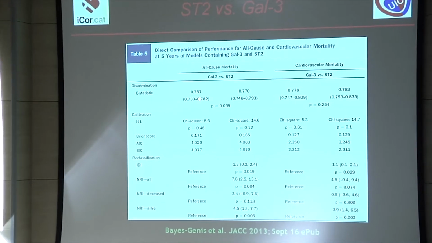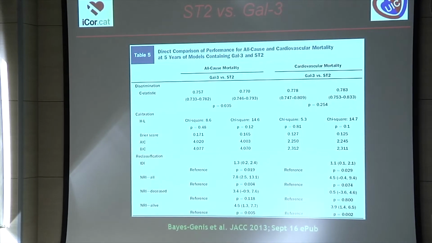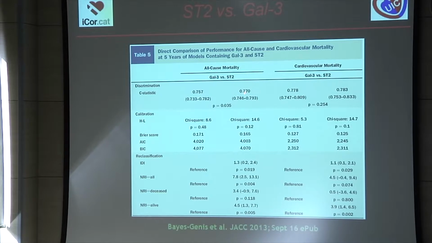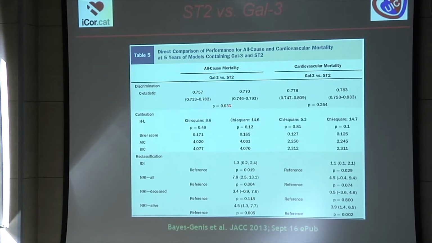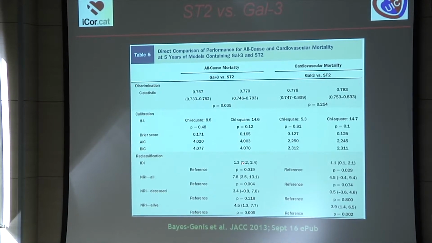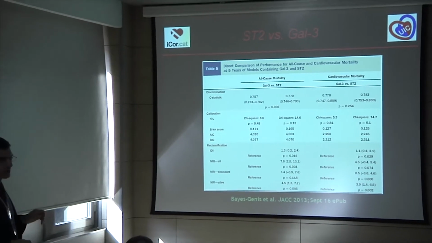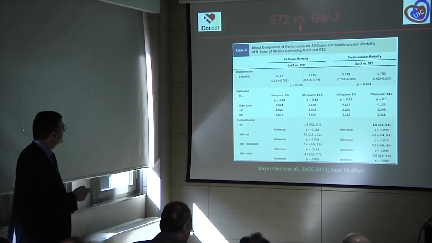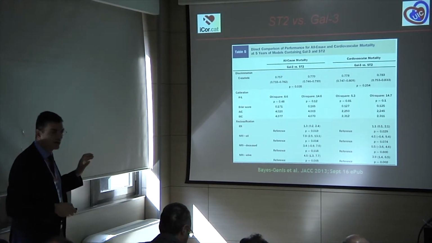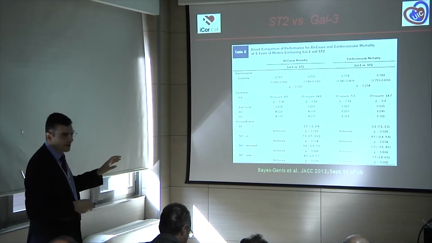If we put GAL3 as a reference model here, we want to check if ST2 would provide any benefit to GAL3, and as you can see, ST2 is significantly better as far as discrimination, calibration, and reclassification, both for all-cause mortality and cardiovascular mortality. So I believe we are providing here very solid statistics that give us arguments for the use of ST2 as a fibrosis biomarker in chronic heart failure against GAL3.